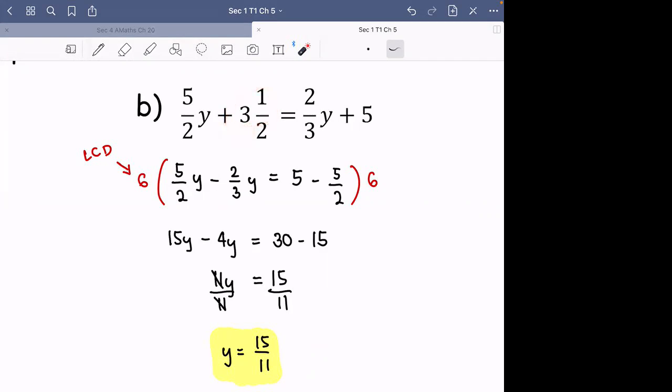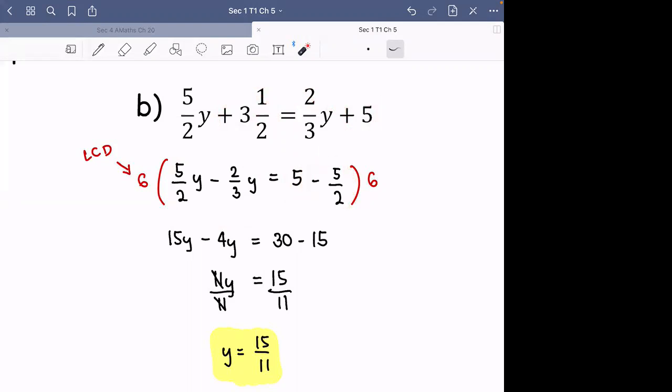Yesterday, we just brought down 5 over 2y, and then I transposed 2/3 y to the left side, because all variables should come together and all constants should be on the other side. So I brought down 5, and then what happened to 3 1/2? I changed 3 1/2 to an improper fraction and then transposed it to the right side. That's why this is now minus 5 over 2.